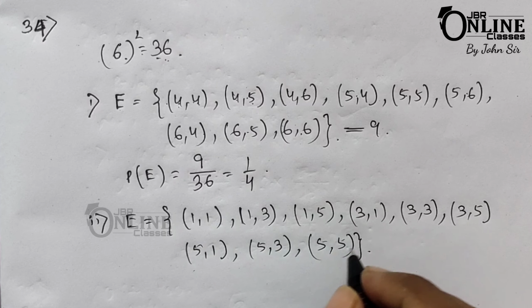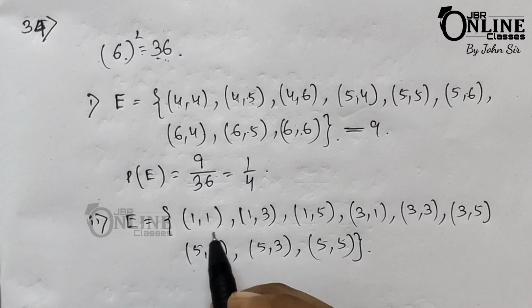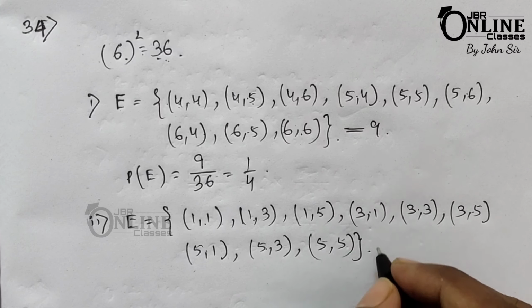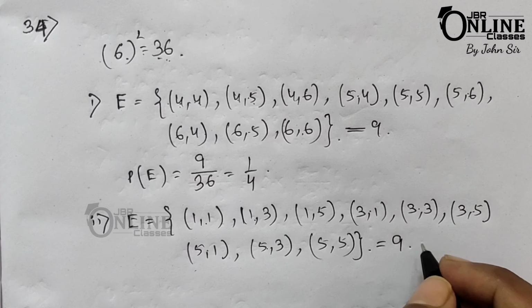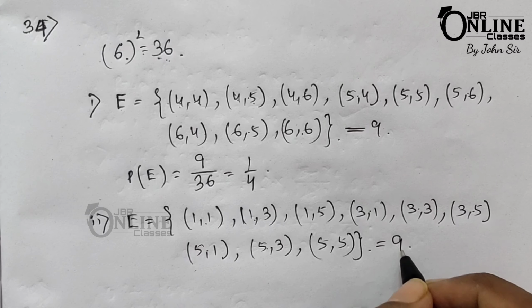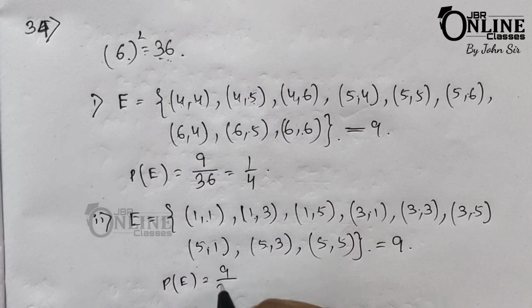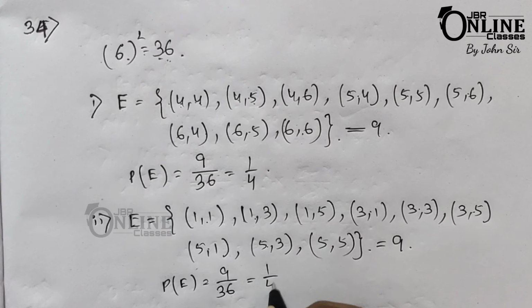So these are all the odd numbers. Now you have to count 1 2 3 4 5 6 7 8 9, again 9. So number of favorable outcomes equals 9. So here the probability equals again 9 by 36, that means 1 by 4.